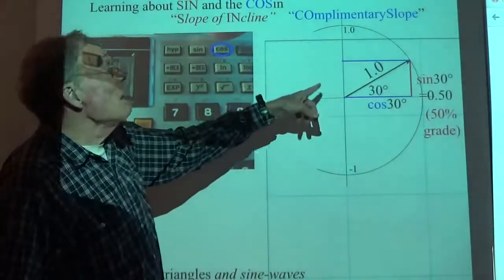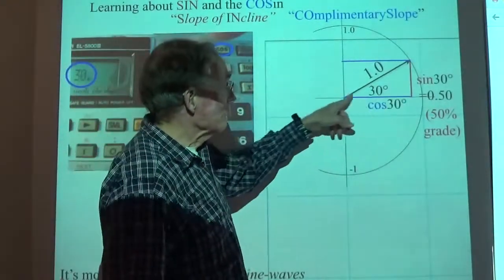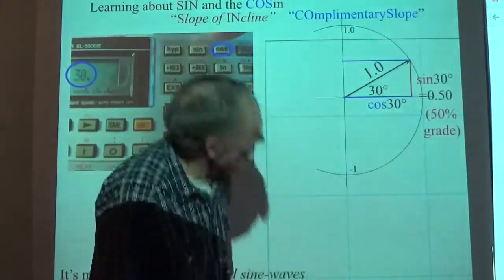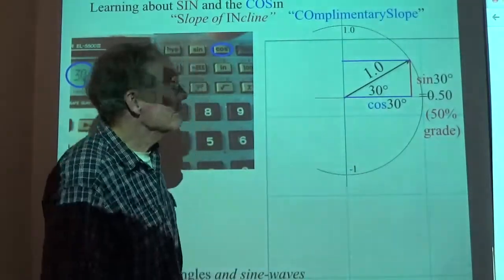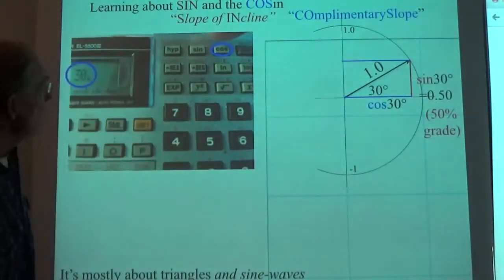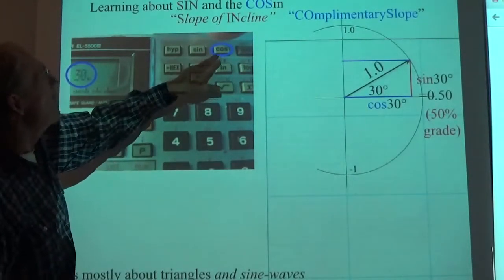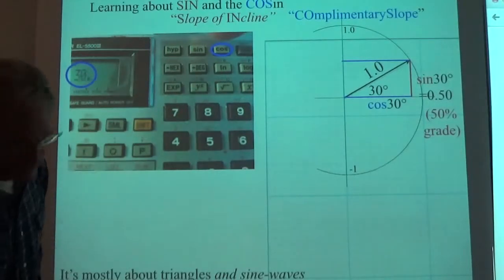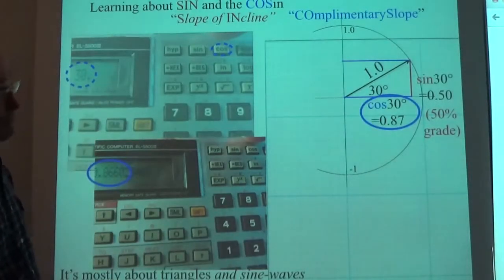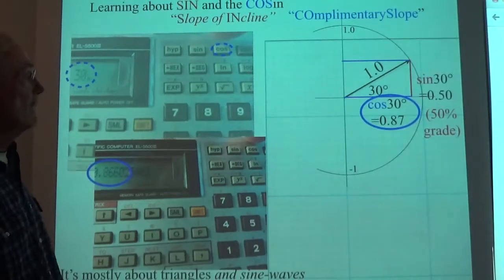And then there's the complementary slope, okay? I mean, you turn your head on the side, and then you're interested in that one, okay? And so you can sin, and then you can have a cohort to sin with. That's cosine, and this one comes up with 0.87 when you turn your head to the side at 90 degrees, a complementary slope of incline.